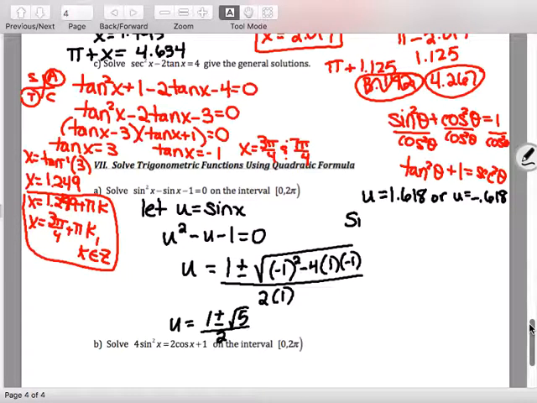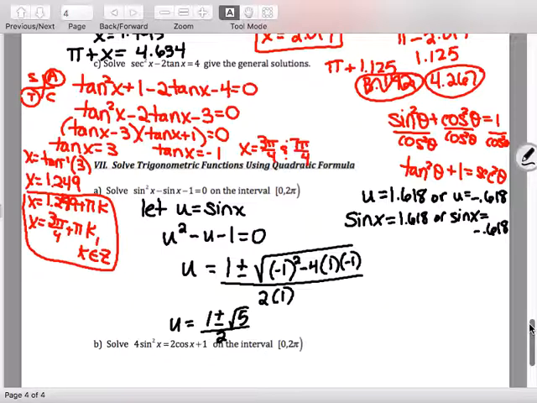So now, let's back substitute. U is actually equivalent to sine x. We just did a brief substitution to make it into a problem we knew how to handle.